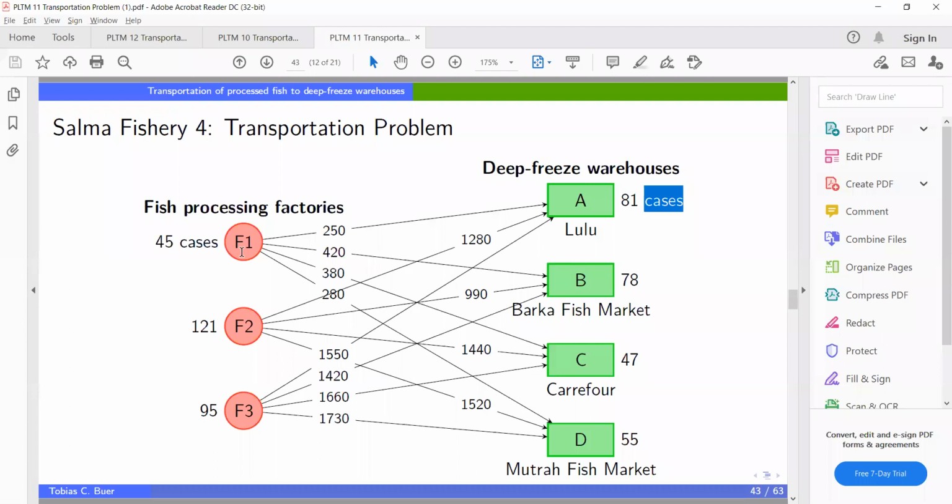So the transportation problem is now characterized in that the total supply on the left side is equal to the total demand on the right side. So when I add this up, 81 plus 78 plus 47 plus 55, it is the same number as when I add up the supply on the left side, 45 plus 121 plus 95.